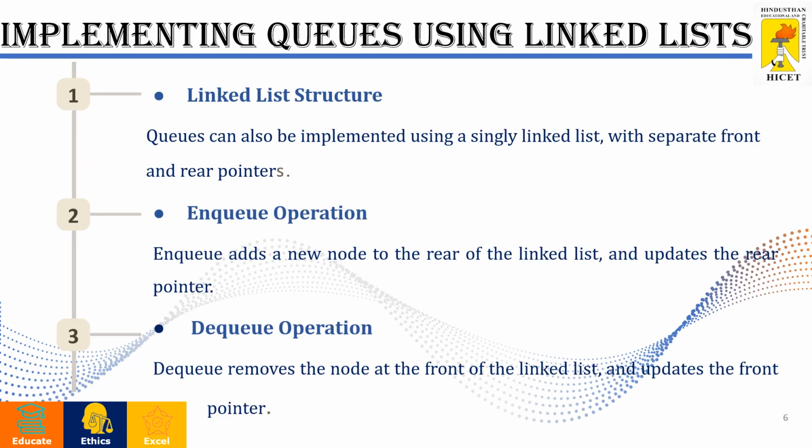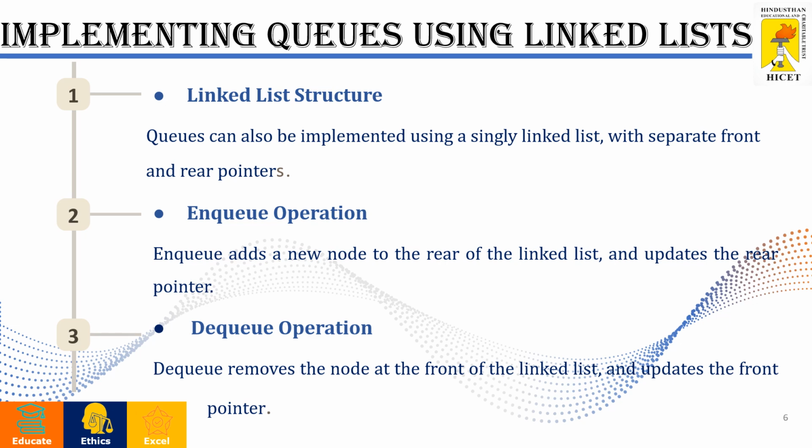So implementing a queue using a linked list. It can be implemented using a single linked list, where you will have two pointers, one for the front and one for the rear. The front pointer will be at the beginning of the queue and the rear pointer will be at the end of the queue. Same as we saw previously, here also enqueue and dequeue operations can be done.